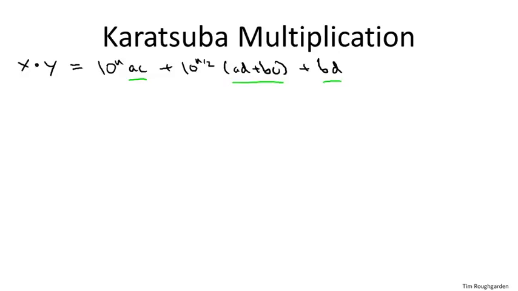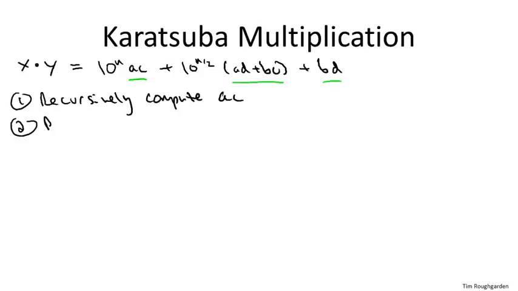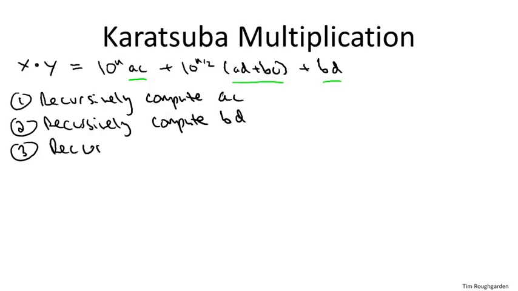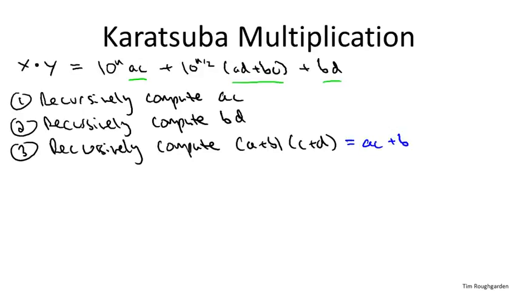To be more specific, our first two recursive calls are shared with the previous recursive algorithm. We go ahead and compute AC and BD recursively. The third step is the clever one, where we recursively compute the product of the quantity A plus B with C plus D. Now, expanding, what are we going to get when we recursively compute this product? We're going to get AC plus BD plus AD plus BC.